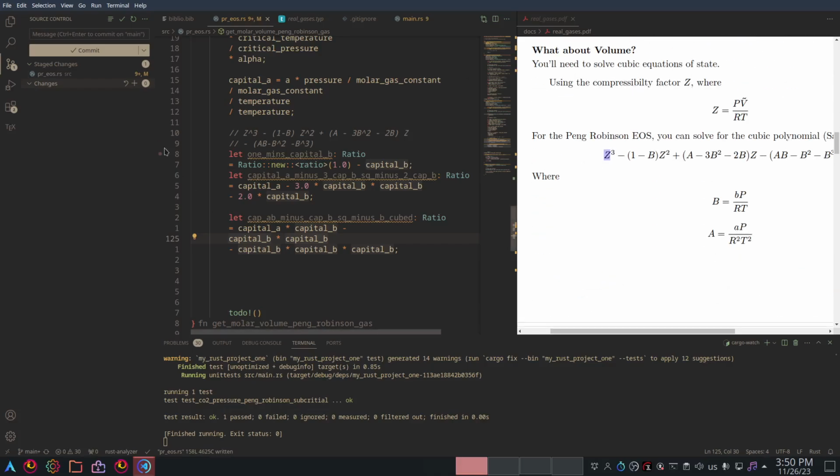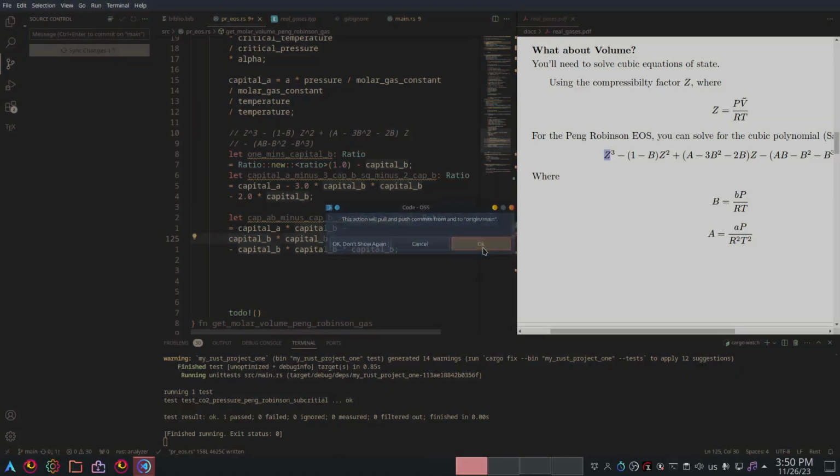So I added coefficients for cubic polynomial. Now this is not the best commit message, but I think for now we'll just live with it. And I'll sync the changes by pushing it onto GitHub.